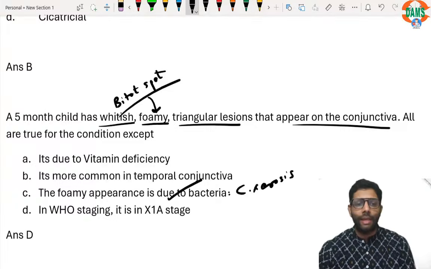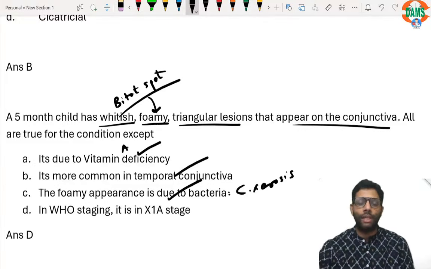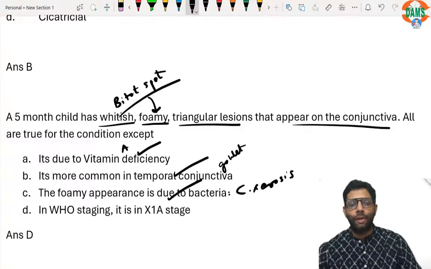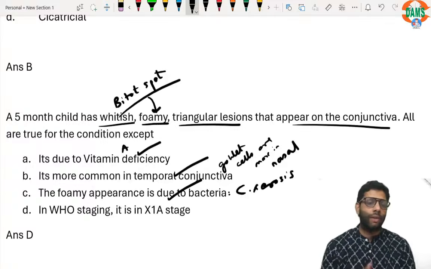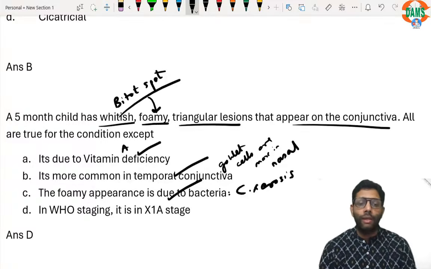It is due to vitamin A deficiency. That is also true. It is more common in the temporal conjunctiva. Why? Because goblet cells produce mucus, and goblet cells are maximum in the nasal conjunctiva. Vitamin A is important for goblet cell function, so the deficiency is more in the temporal conjunctiva. And the answer is D. Why?